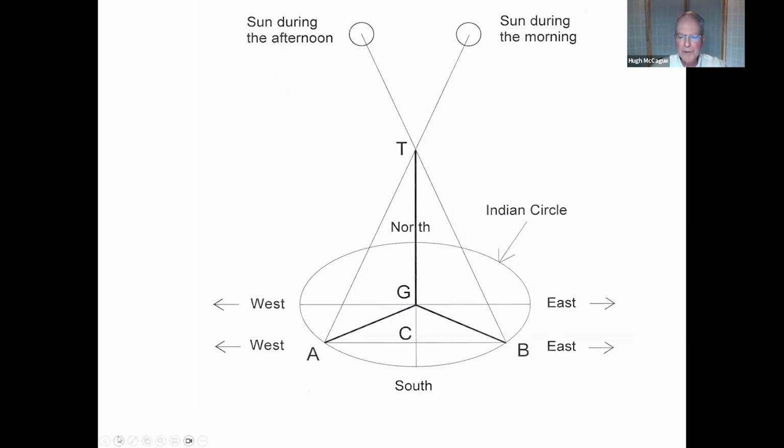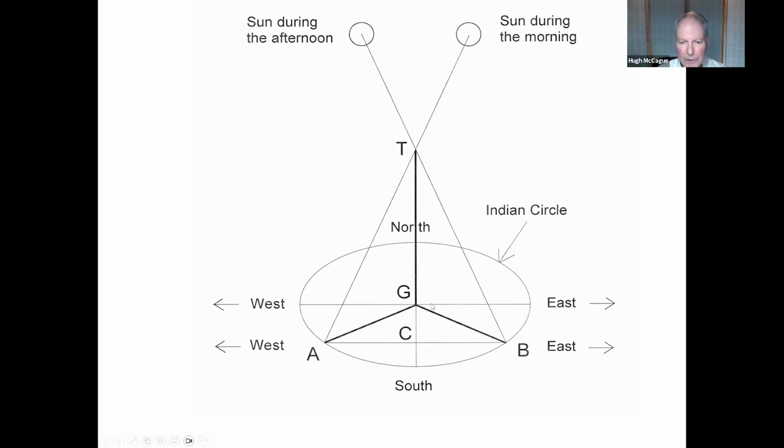The way that it would be done is on a flat surface. One would set up a vertical gnomon, a vertical pole, it could be of various heights, and around it would be drawn, it could be done with a string, for example, a circle. Here it appears like an ellipse, but that's just to give us the sense of depth here.